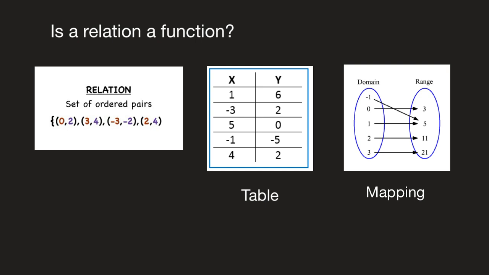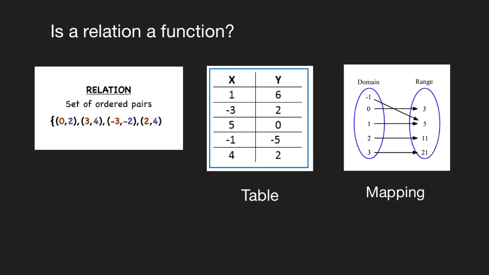Is a relation a function? Okay. Here are some different ways that relations can be presented to you. Okay. We said a relation is just a set of ordered pairs. How X's and Y's are related to each other. Well, there on the left, a relation could be a set of ordered pairs. Okay. In the middle there, it could be presented to you in a table format, whether that be a vertical format like you're seeing there, or it could be horizontal. All right.